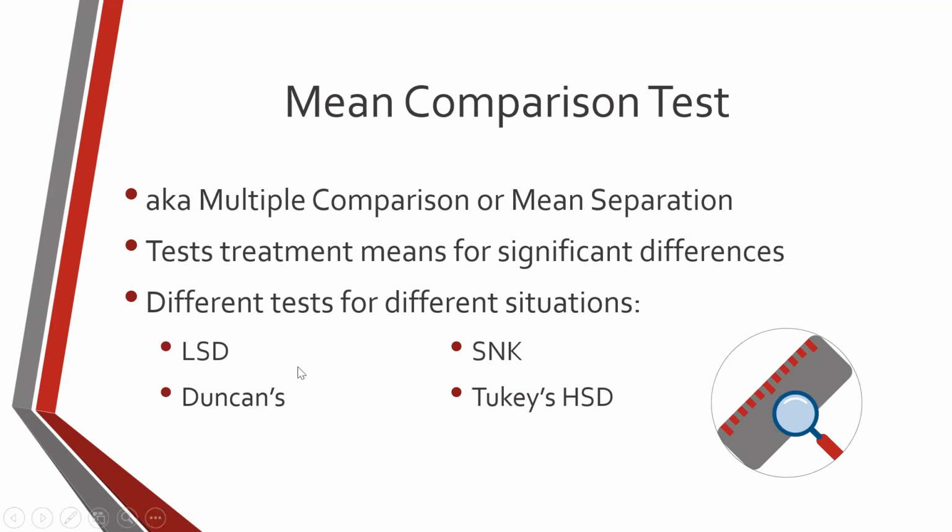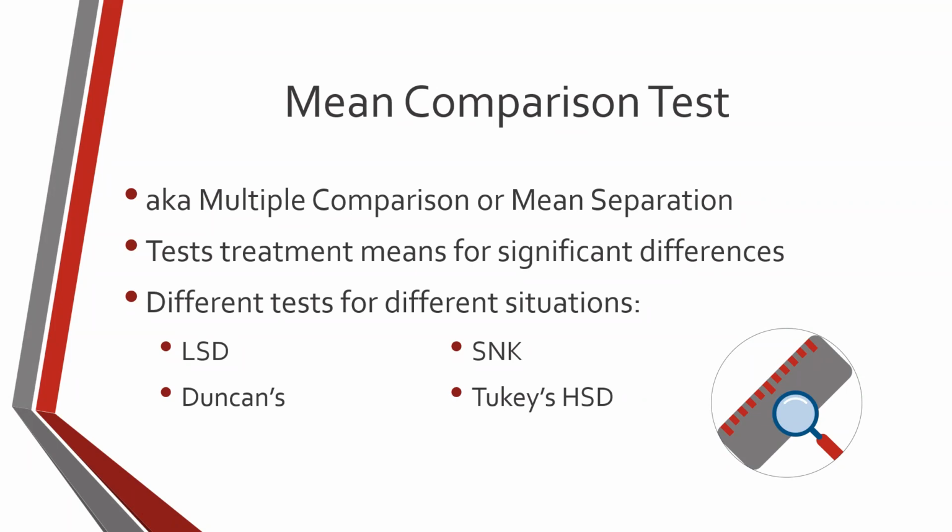The most liberal was the LSD, so that one's most likely to give that type 1 error. The most conservative is the Tukey's HSD. So, much less likely to give you the false positive, but on the flip side, now you have that type 2 error chance of missing a significant difference and having a false negative.